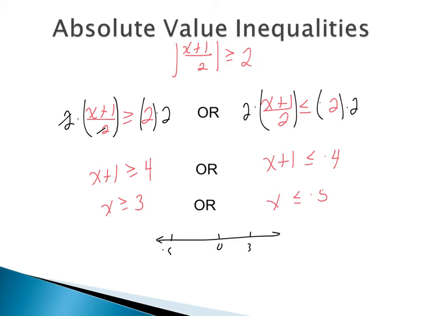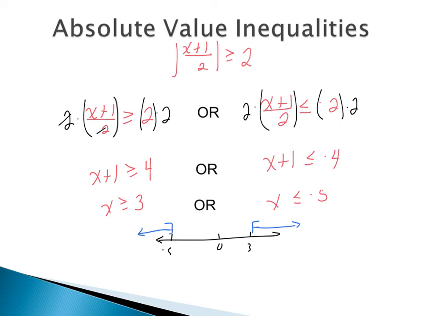So x is greater than or equal to 3 means that we want all the values that are larger than 3. Well, that means that I'm going to be going to the right of 3. Greater than or equal to means I'm going to be using a square bracket. For x is less than or equal to -5, that means I want all the numbers that are smaller than -5, so I'm going to be going to the left. And again, since it's less than or equal to, I'm going to be using that square bracket.